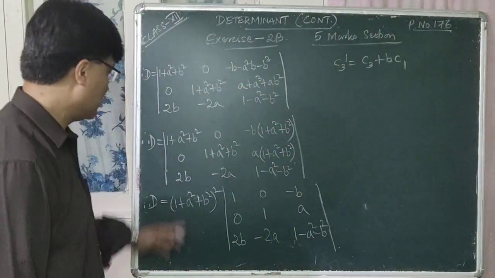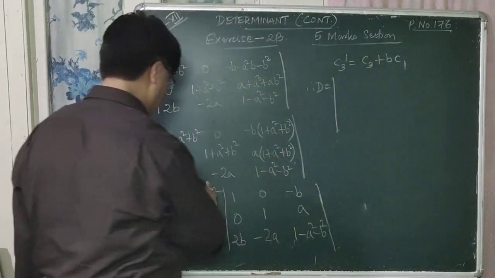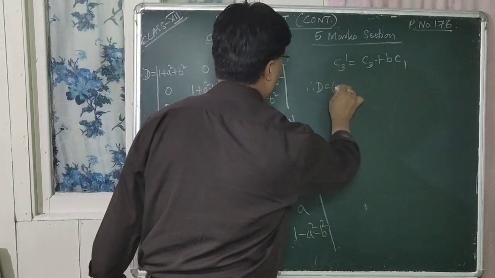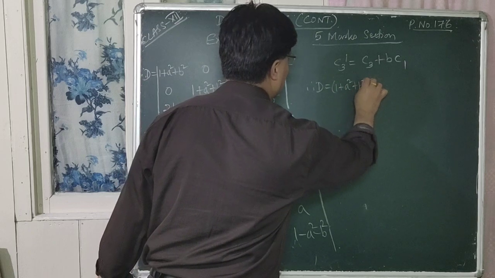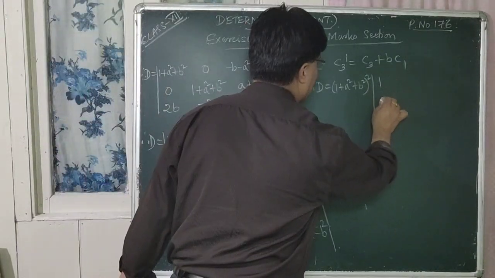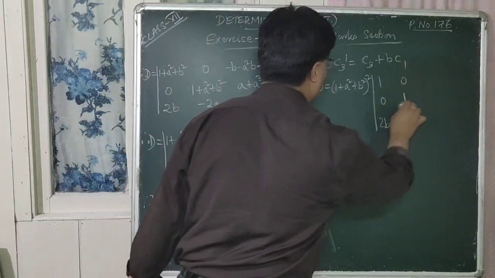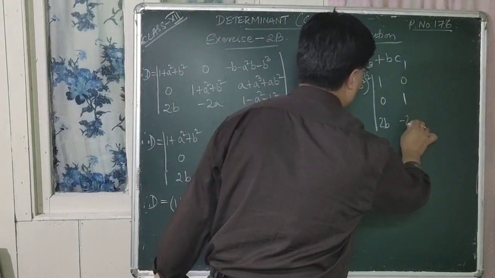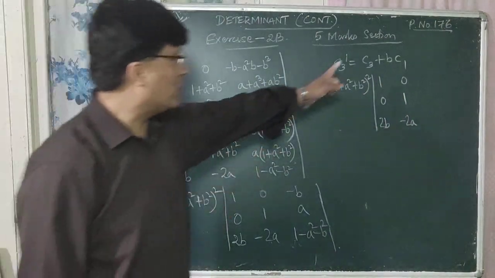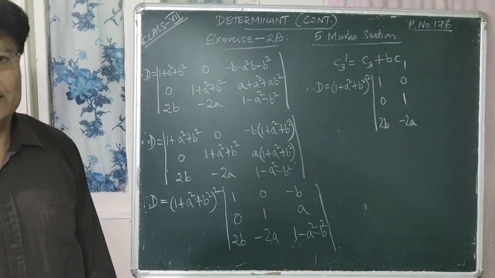So now, what is D? D is equal to, first the factor 1 plus a square plus b square whole square. What is the first column here? 1, 0, 2b. Then second column 0, 1 and minus 2a. Now what is the new third column? We are using this property C3 plus bC1, and column 3 will be changed.